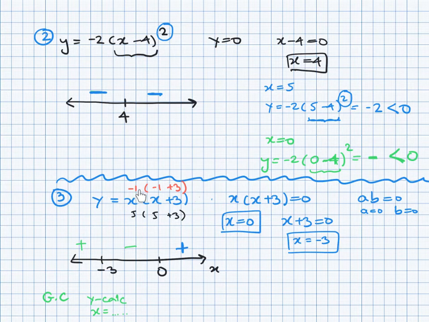Positive times negative should be, and it will be, negative. So, yep, therefore it's negative. And then again, the signs will alternate, but you can check this one here. So you can choose, for example, x is -5 or something like that. So -5, so that will be here.